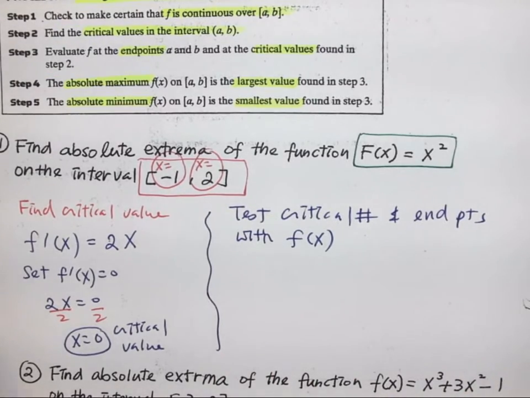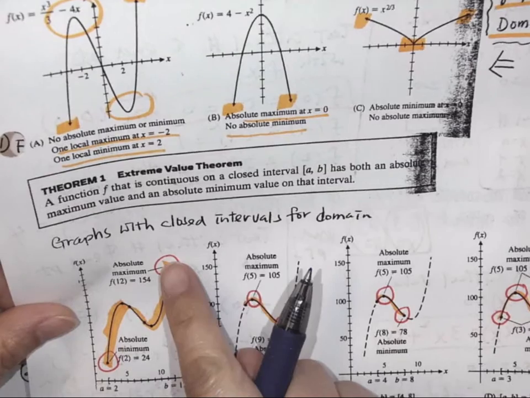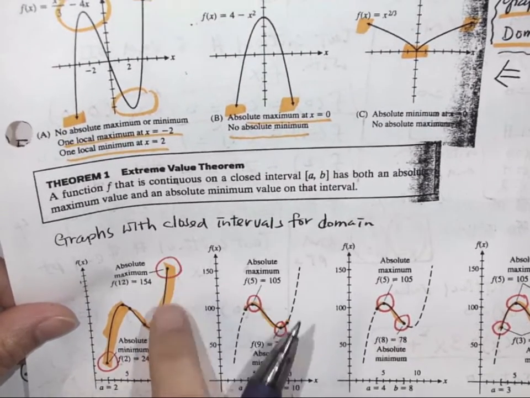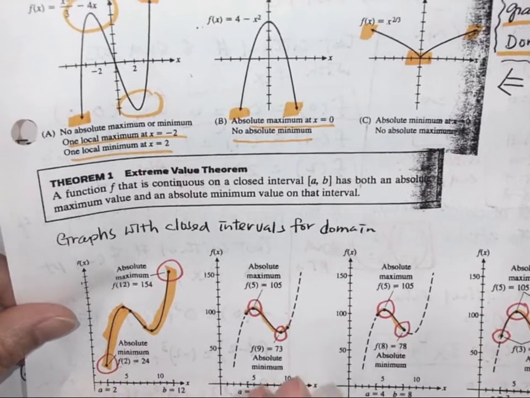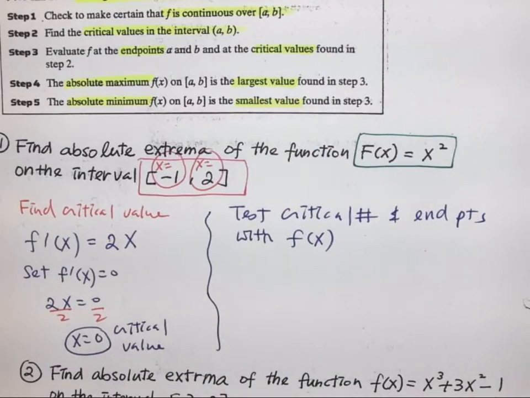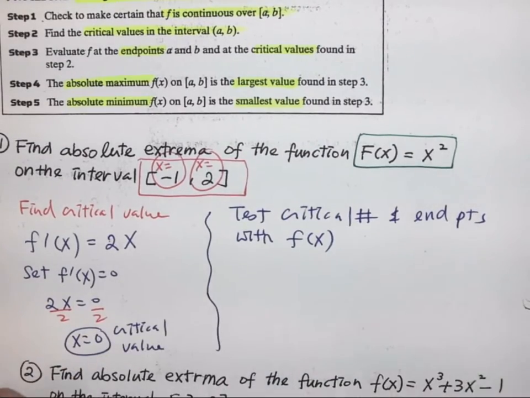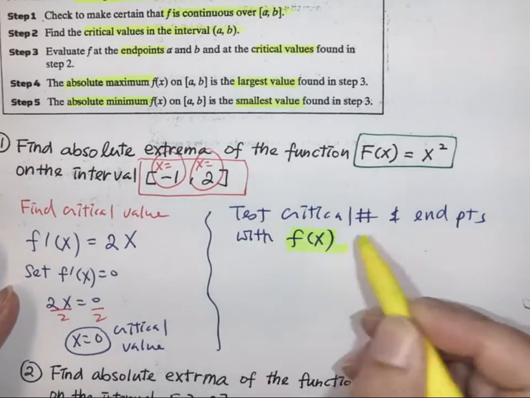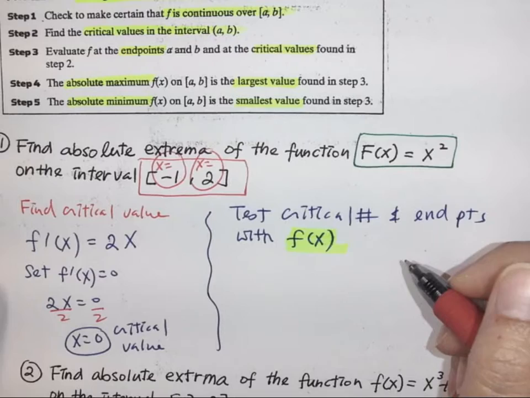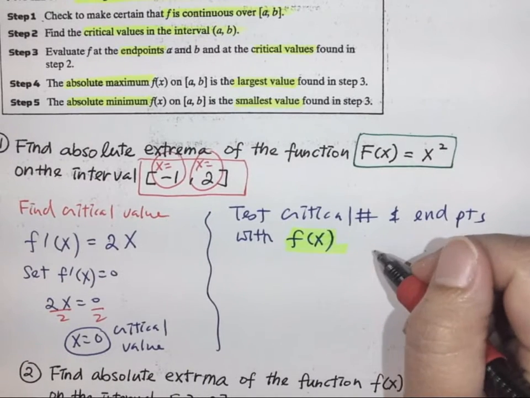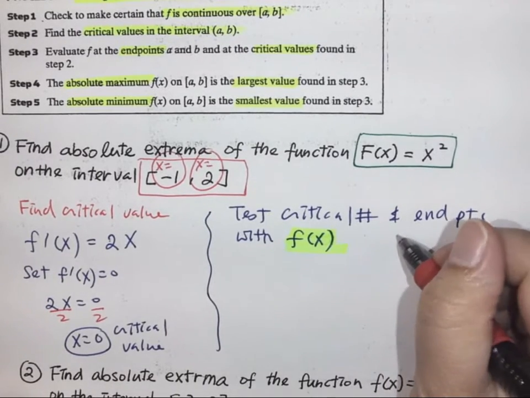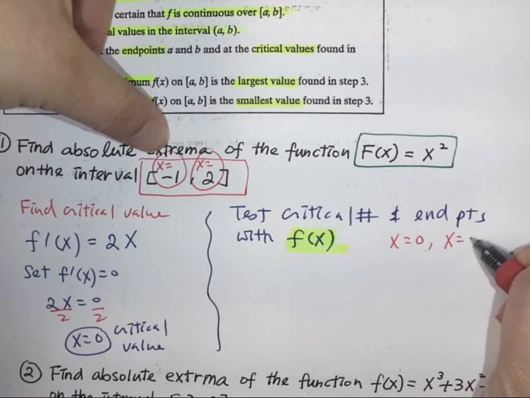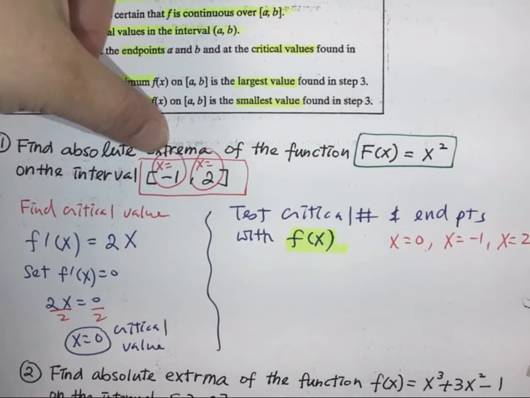Is it the biggest or the smallest y value? Of course, the one we're doing is an open-up parabola, right? So to find the y value with my original function, I have 3 points to plug in, including x equal to 0, and then my endpoints x equal to -1 and x equal to 2, right?